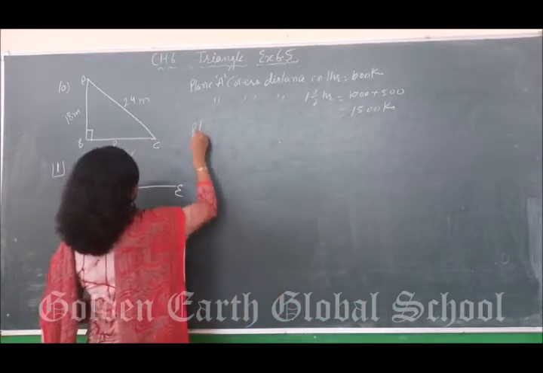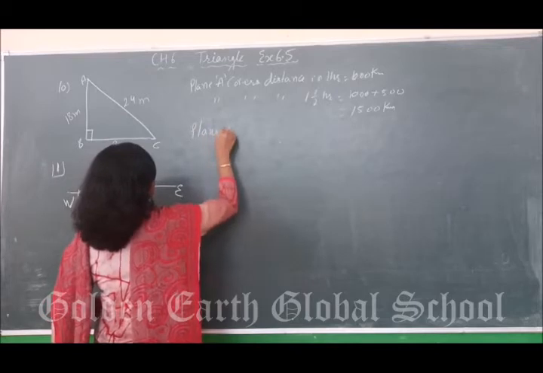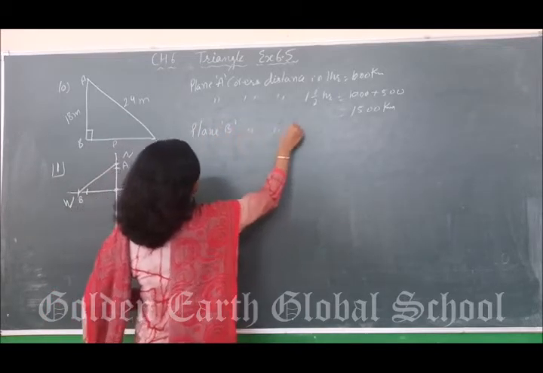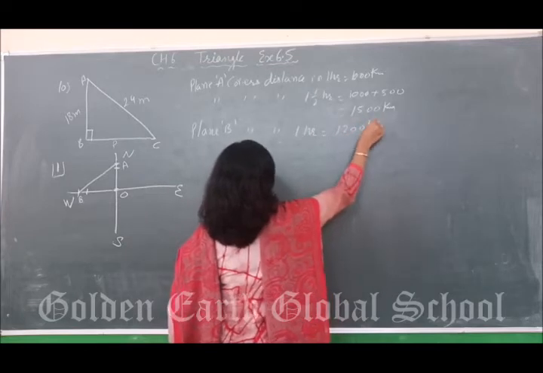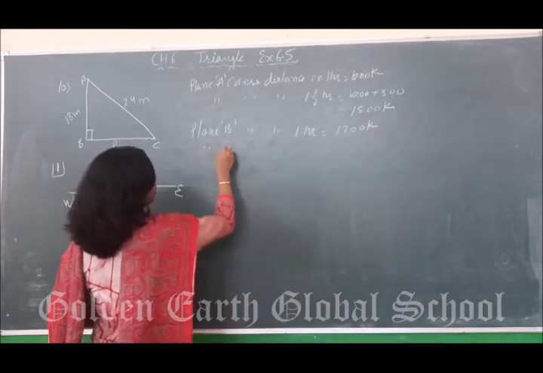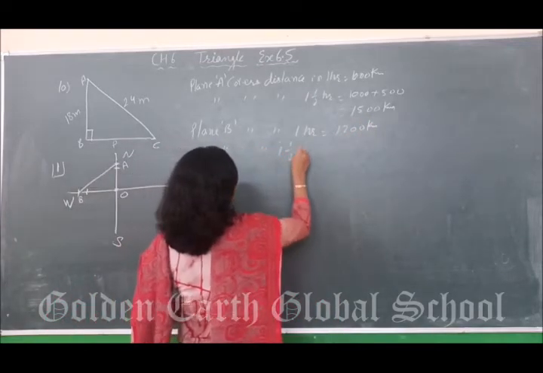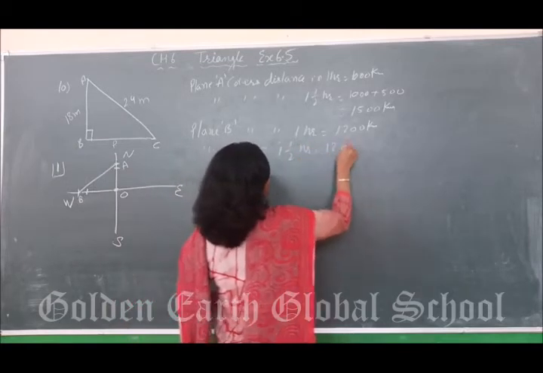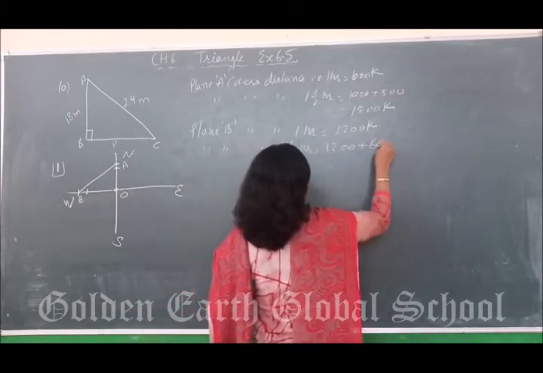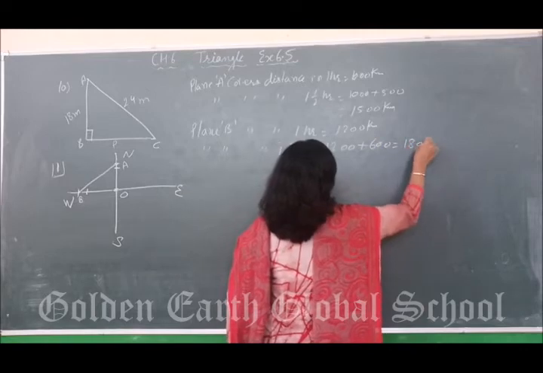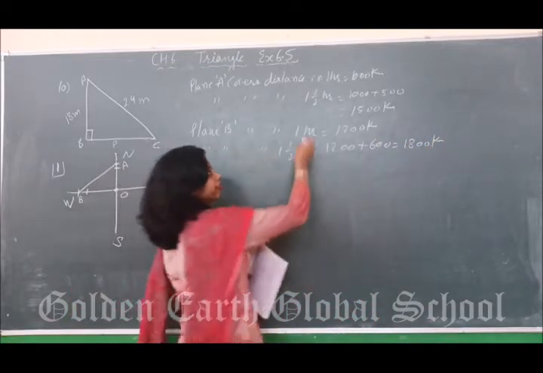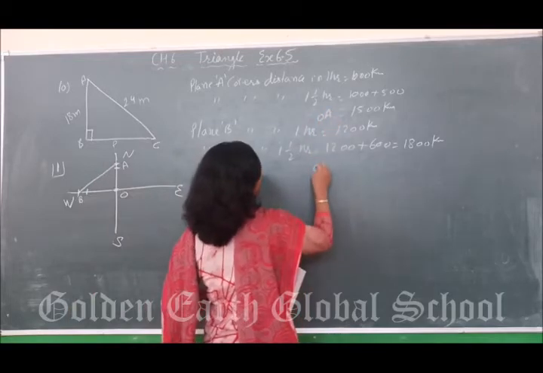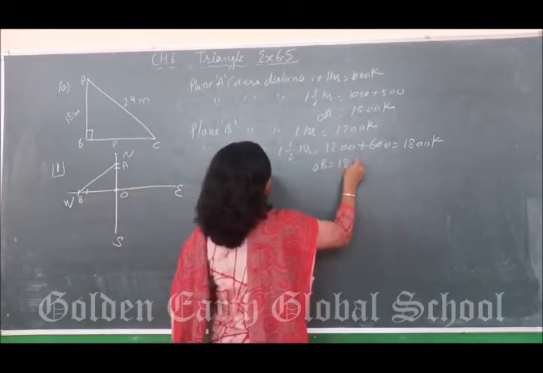Similarly, plane B covers distance in 1 hour 1200. Plane B covers distance in 1.5 hour 1200 plus 600 more, that is 1800 kilometers. So OA is 1500, OB is 1800.